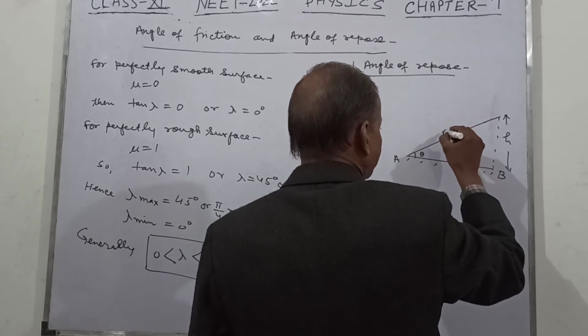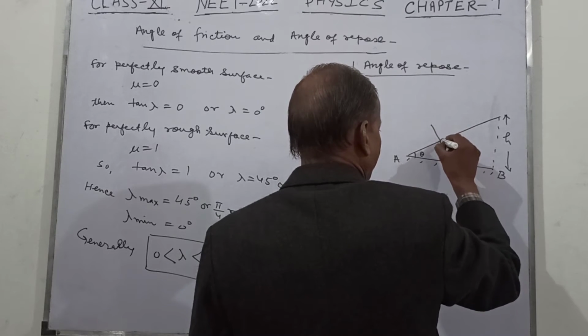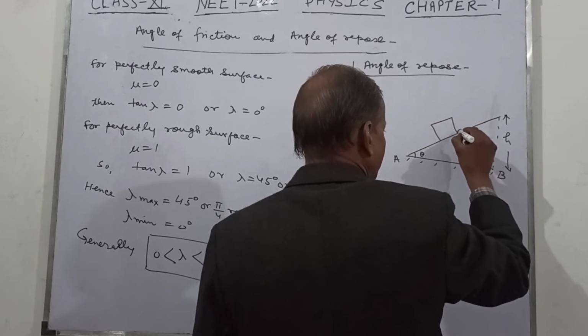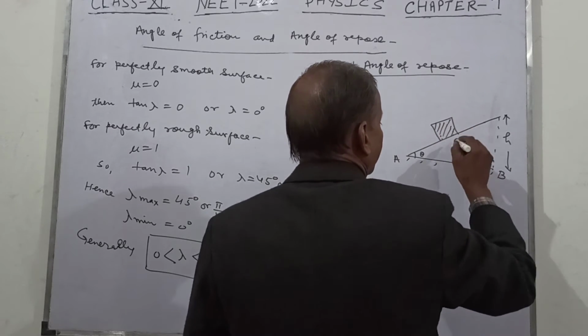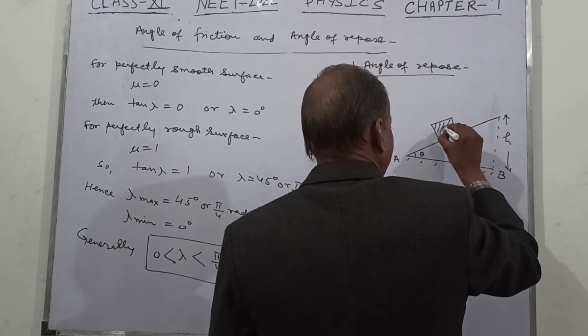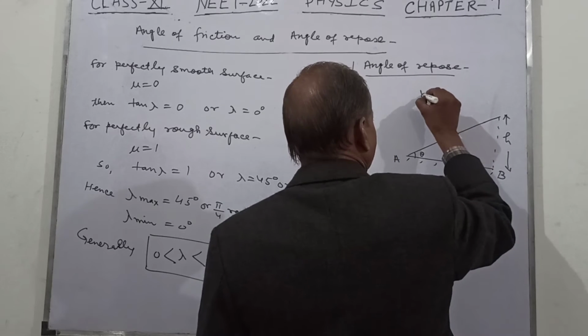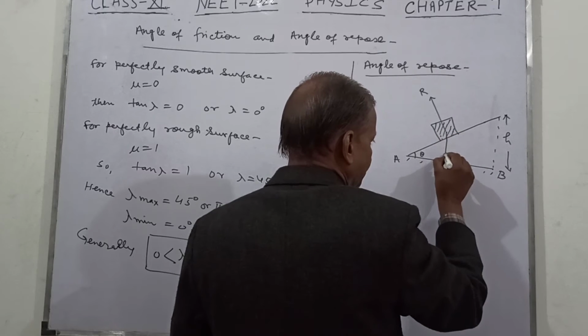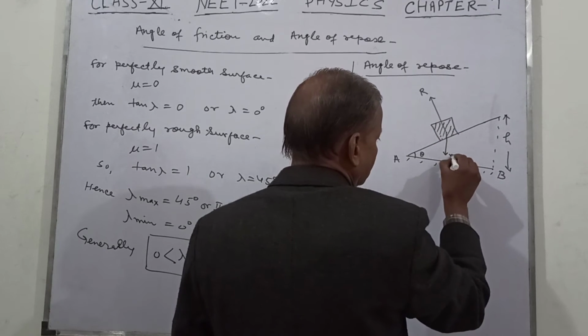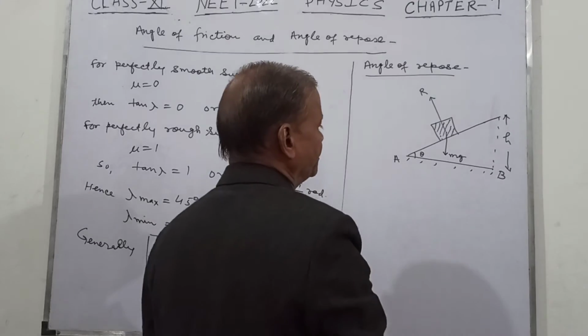A body is placed here. This is now your body. This is the reaction force, and it will have the weight vertically downward. This is mg.